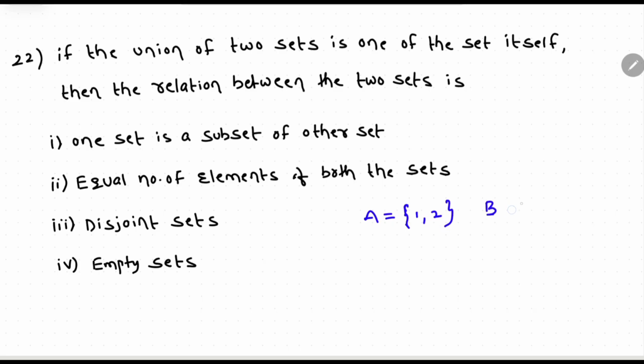If I take B as 1 comma 2 comma 3, here we know that A is a subset of B. Therefore, what is A union B here? When you combine these two, we will get B. So if the union of two sets is one of the sets itself, then one set is a subset of the other. That's it.